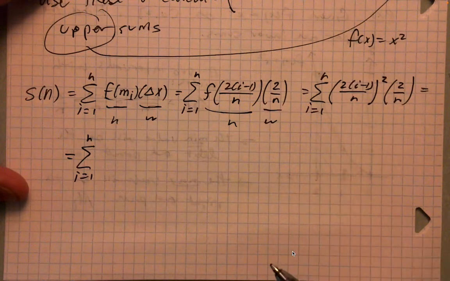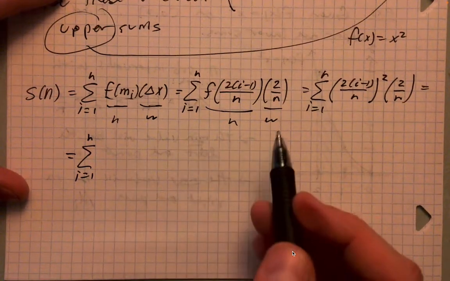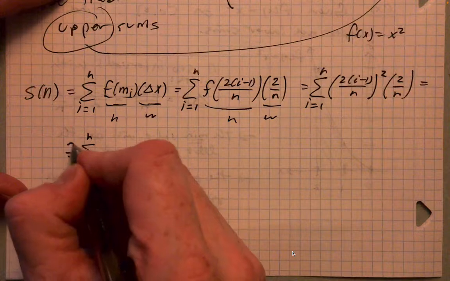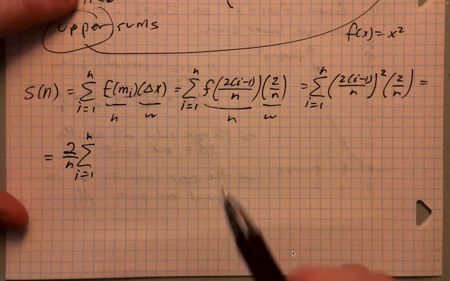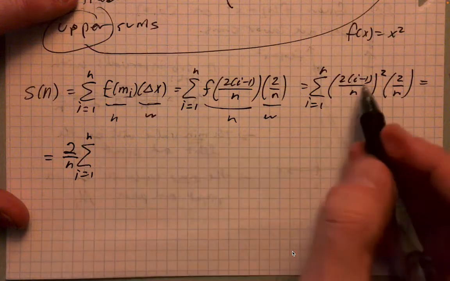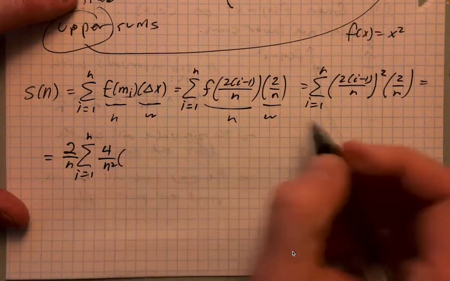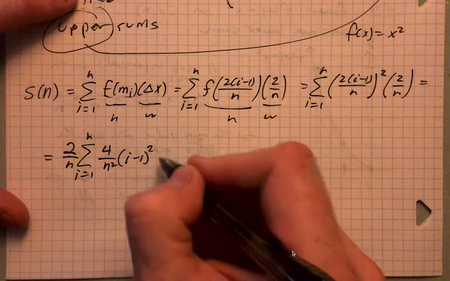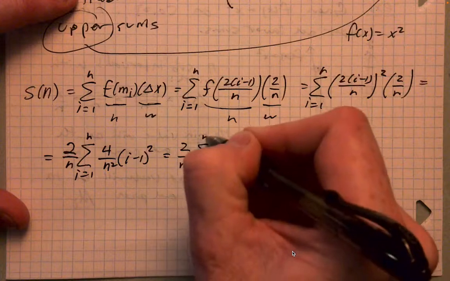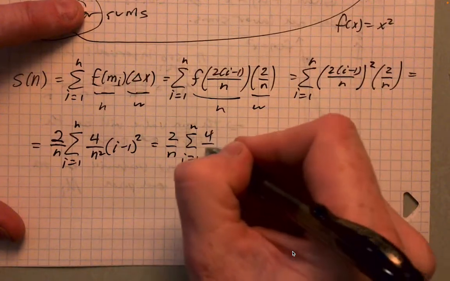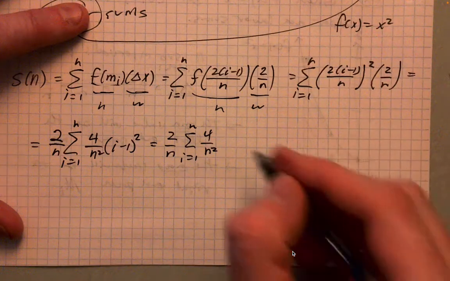Now let's see here. Well, we're just going to have to do the math here, aren't we? So we'll pull the 2 over n out, actually. And so then inside here, we're going to have 4 over n squared, and then it's times (i minus 1) squared. That can actually come outside as well, but we'll leave it there for now.